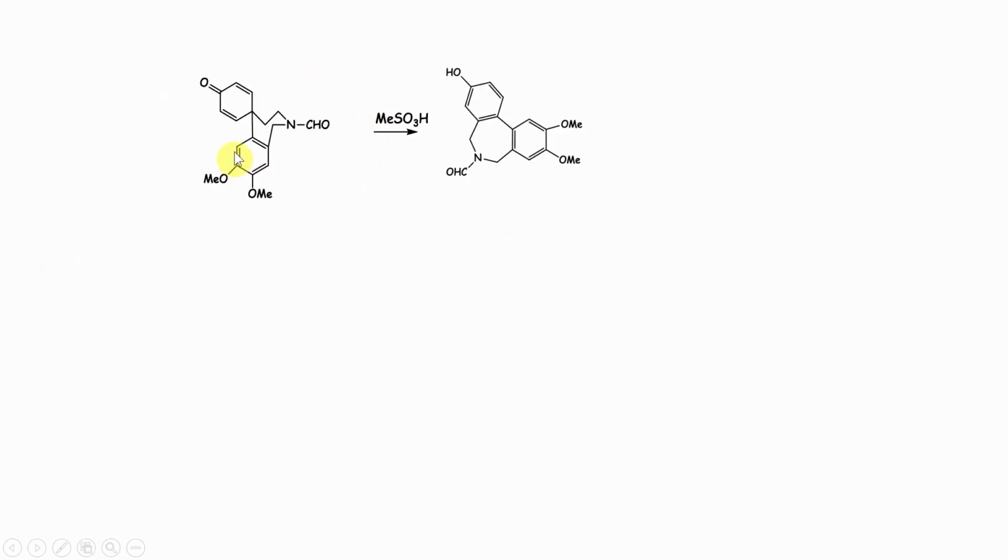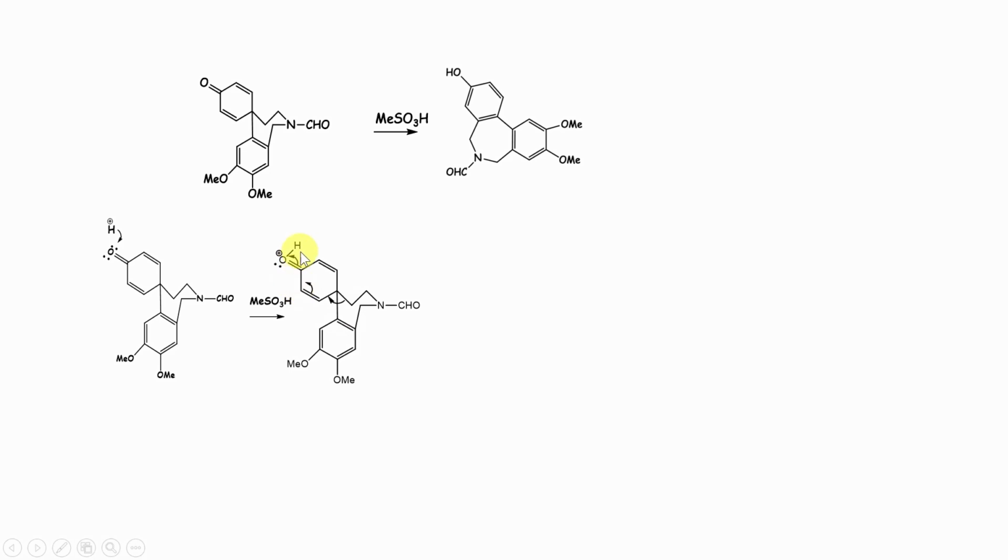See, this is another important example. This dienone, on treating with methylsulfonic acid, undergoes dienone-phenol rearrangement to form this phenol. See the mechanism of the reaction. First of all, as in the previous case, protonation of the oxygen atom of the dienone takes place to form this protonated dienone.